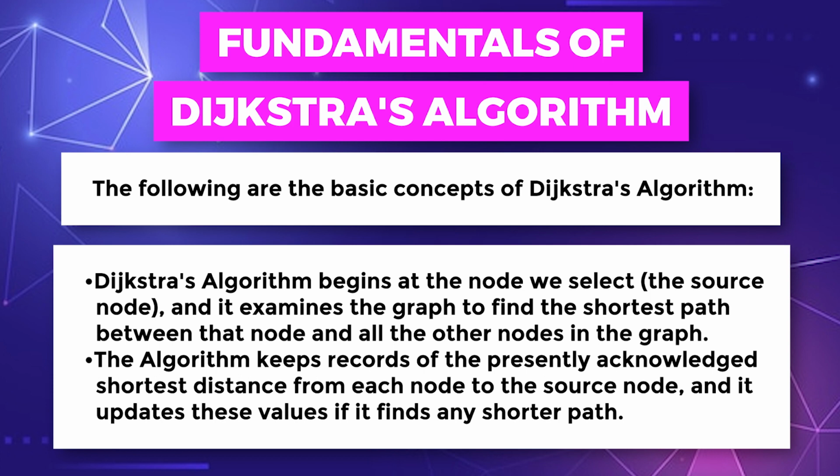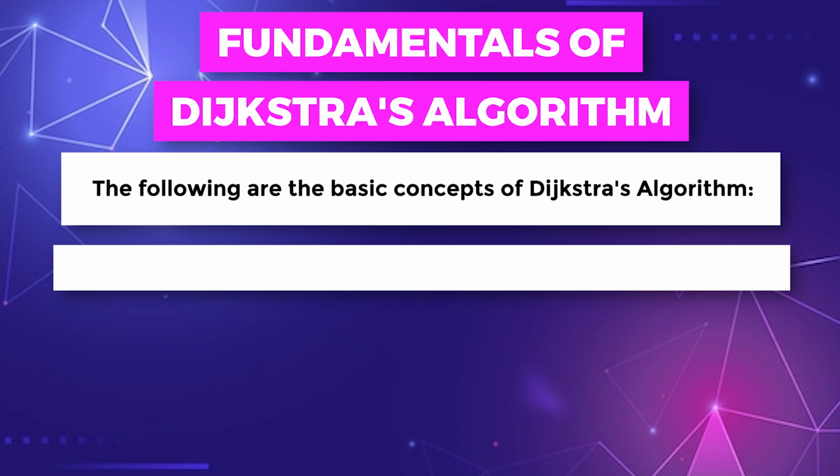The algorithm examines the graph to find the shortest path between the source node and all the other nodes. It keeps a record of the currently known shortest distance from each node to the source node, and it updates these values if it finds a shorter path.